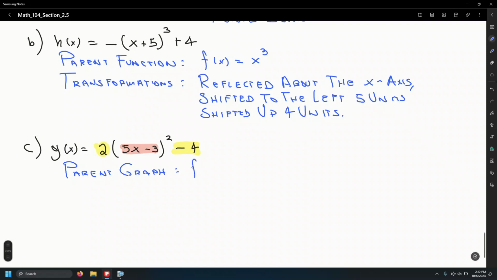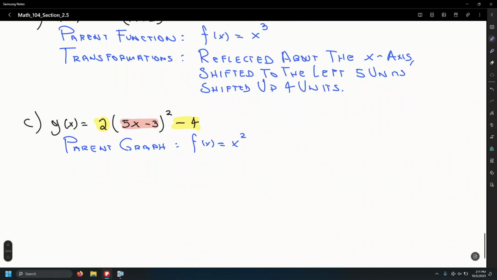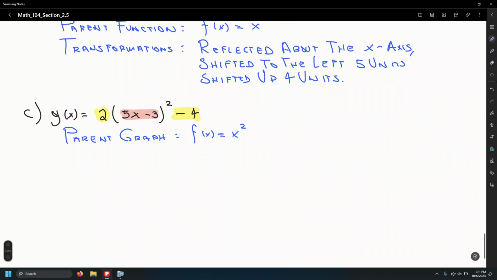Parent graph, that is f of x equals x squared, simply x squared. And then from here, let's describe everything about horizontal shifting. So number one, horizontally, transformations.